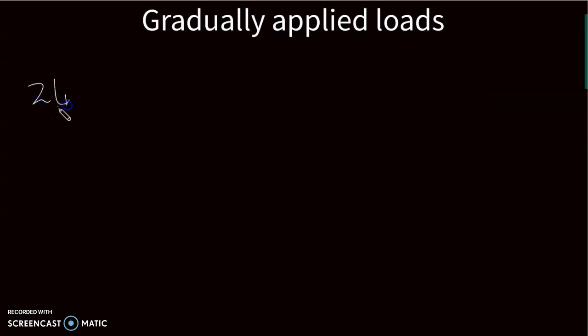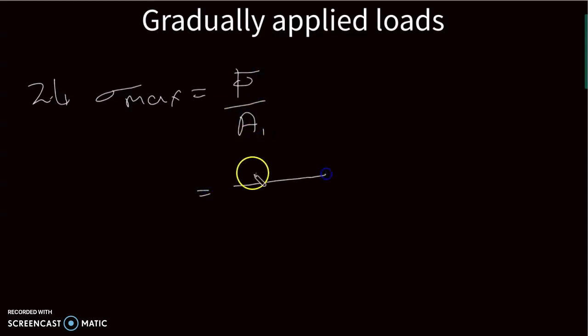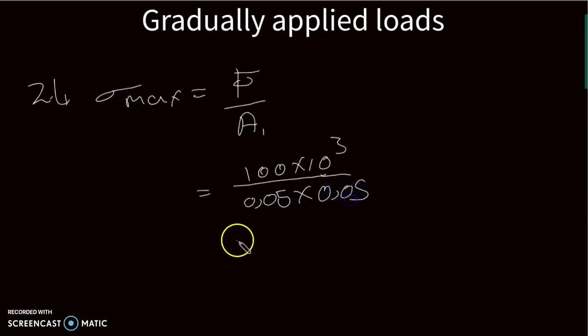Therefore, for 2.4, we are going to say the maximum stress is given by force divided by area, that would be area number 1. It's 100 times 10 to the power 3 divided by 0.05 times 0.05, which will give us our maximum stress is 40 megapascal.